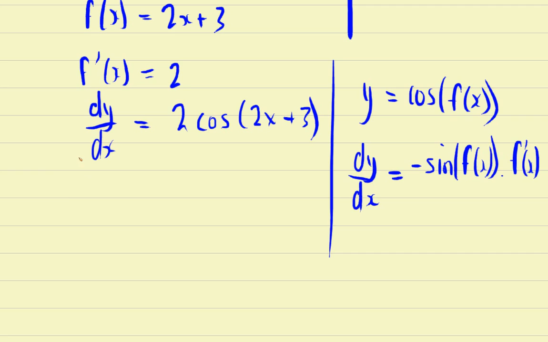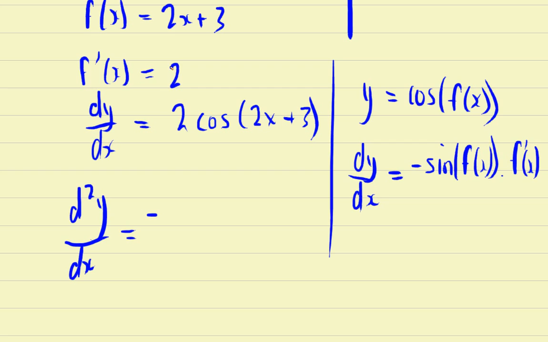Okay, so taking the derivative again, the second derivative of y with respect to x is equal to, now you've got a negative there, so it'll be negative, and you already have 2 from the previous derivative.